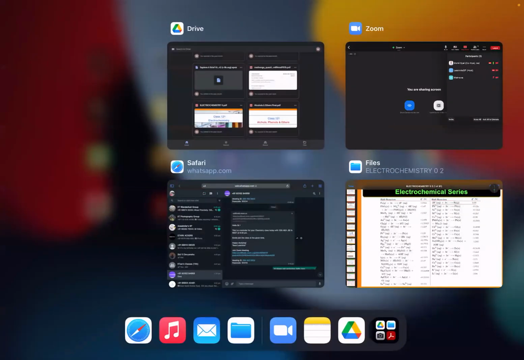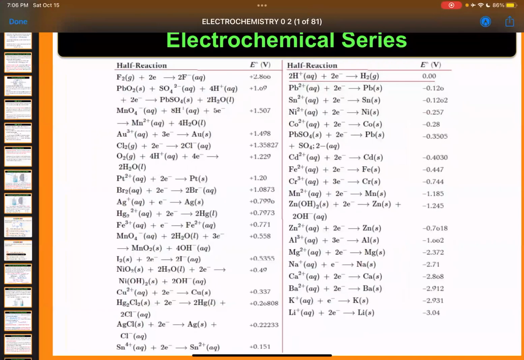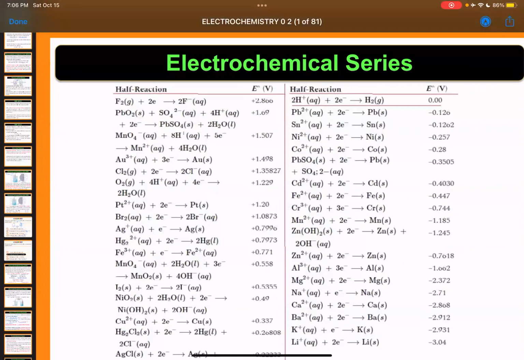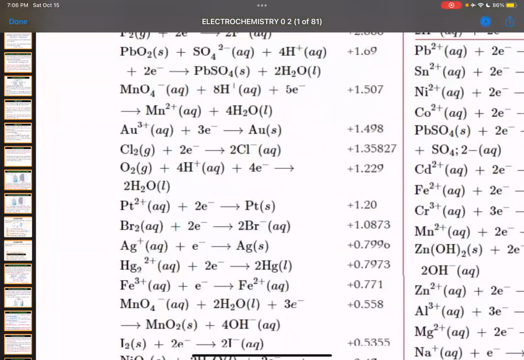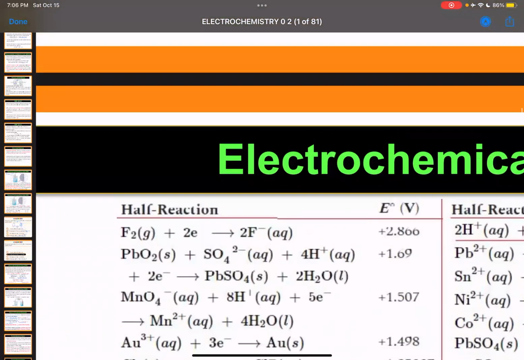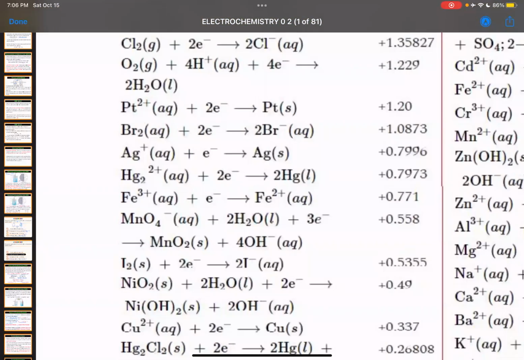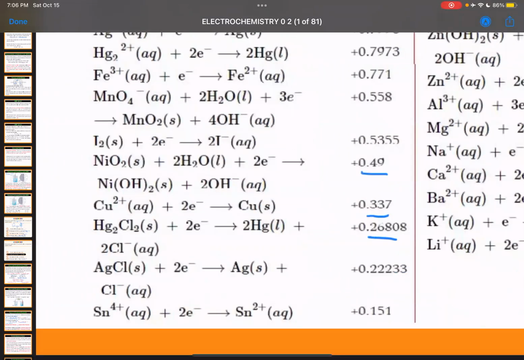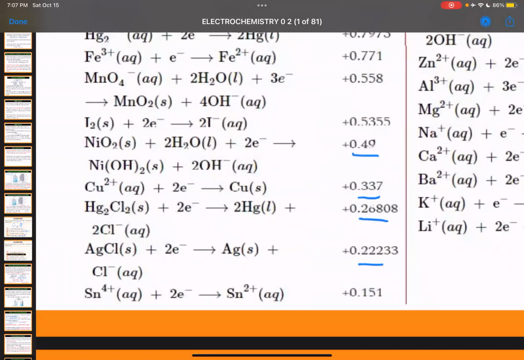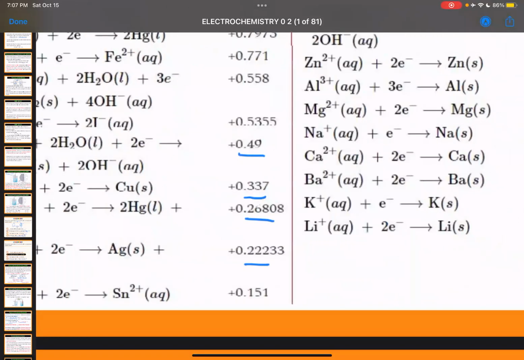This electrochemical series is actually prepared by connecting each half electrode. These are the half reactions. So you connect each one of them to the standard hydrogen electrode, and from that you measure the value of each one of them, right? And this whole series which you get is known as the electrochemical series.